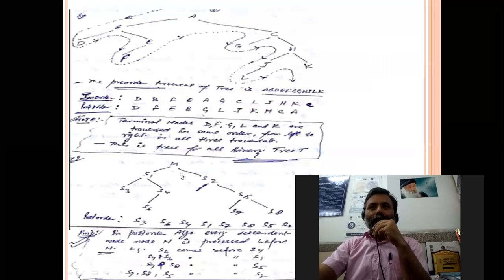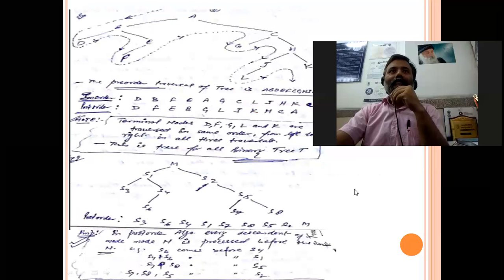Now, there are some observation here. Like this example which have been discussed by me, you can see this is the kind of shortcut for pre-order traversing. Suppose this is the tree we had.